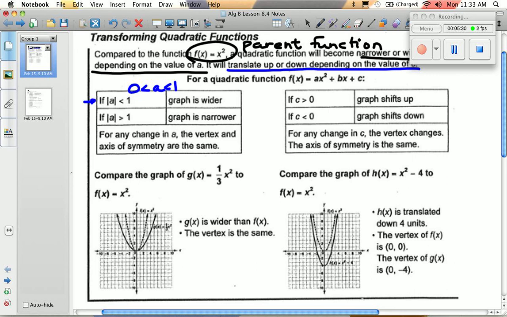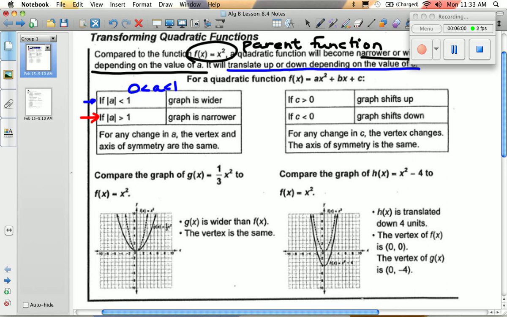And then it says, if the absolute value of a is greater than 1, so like Cassidy says, what about -2? Well, the absolute value of -2 is 2, so now the absolute value of a is greater than 1, and it's going to get skinnier. Here's our parent function, and if a was -2, it's going to be opening down and it will get skinnier.